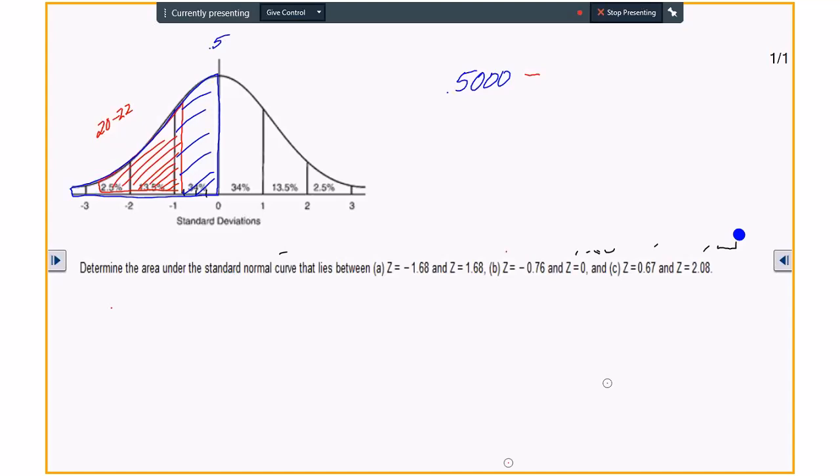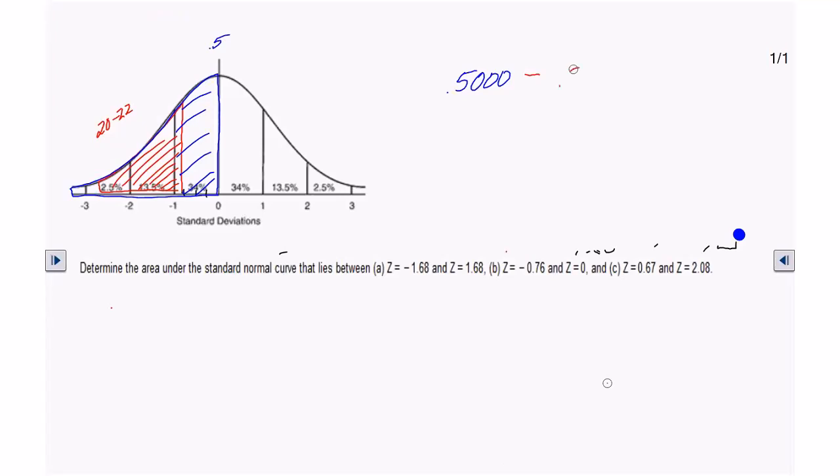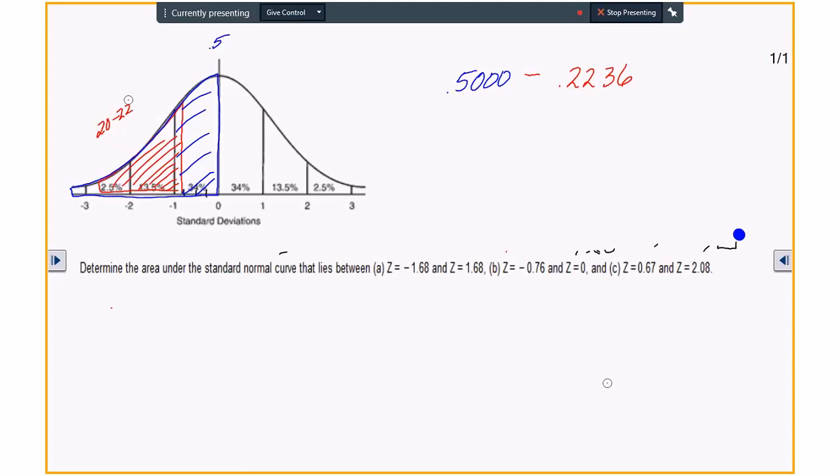You'll go to 0.7 on the negative side, and then move over to the 6 column. What do you get? 0.2236. And that's exactly what we said it would be.